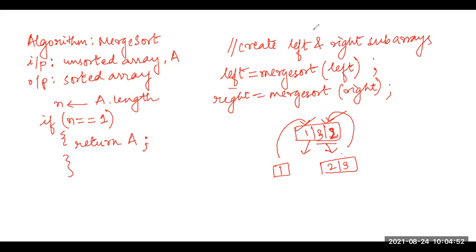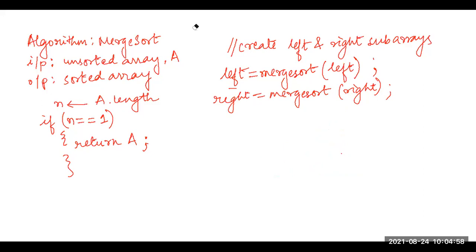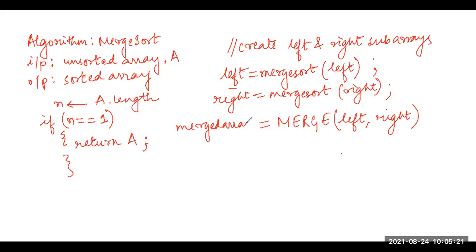Fine. Now, after doing everything, whenever there was the concept of merging the left and the right part, then we were calling the merge algorithm. Merge what? Merge the left array and the right array. So we will be merging, and finally we stored it in a merged array, array C or third array, whatever you can name it.